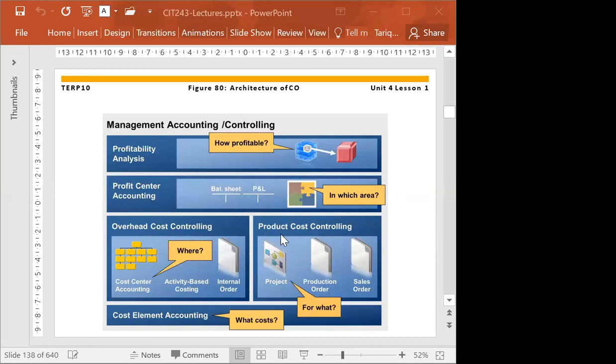We get the data from production planning, and this transaction comes to the managerial accounting, and then goes to profit center accounting and the profitability analysis. So we have many sources making transactions for managerial accounting.